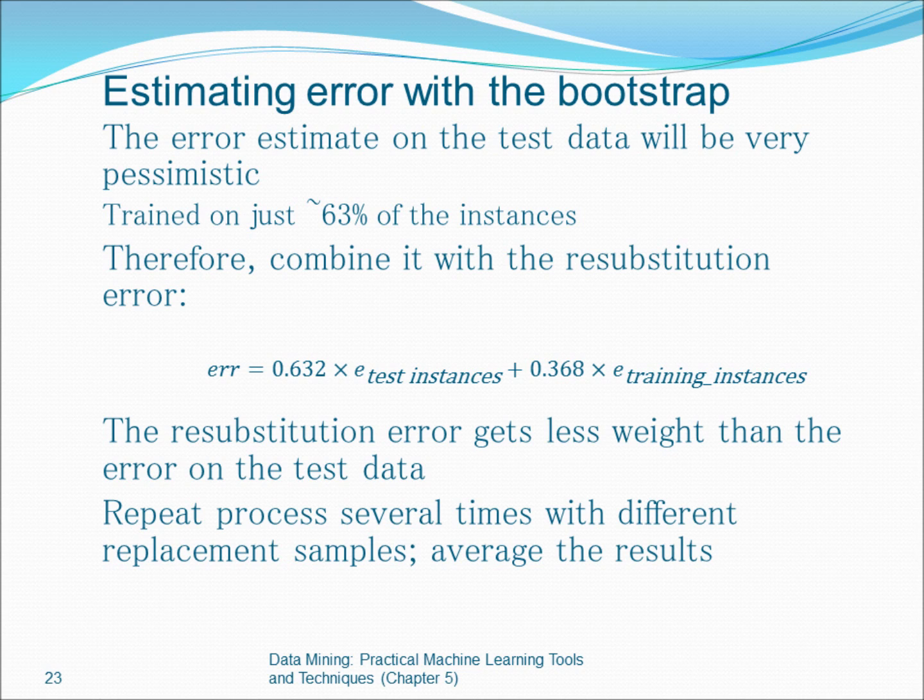Because it's too pessimistic, you compute the error in this way: you give most weight to the testing error, that gives 62%. On the other hand, reverse it: give the 65% training instances also credit in the error. In that way you lower the average error, because the testing error alone is a pessimistic approach. That's how you give a fair comparison.